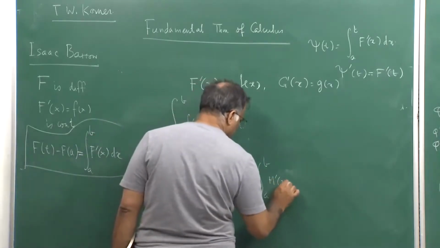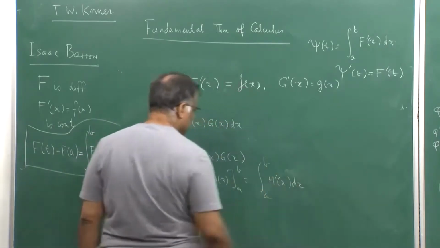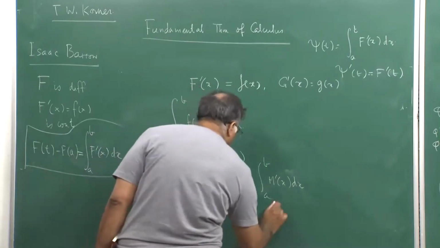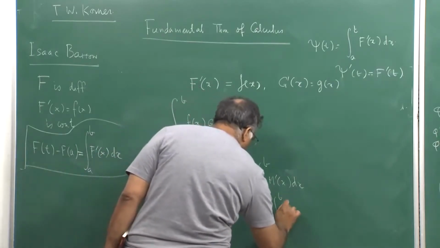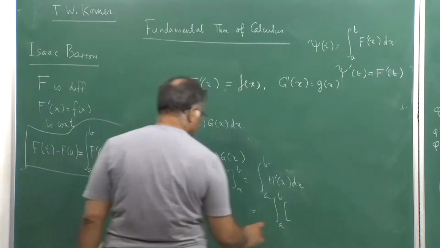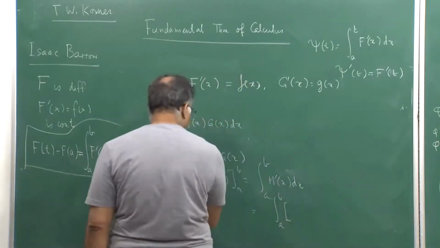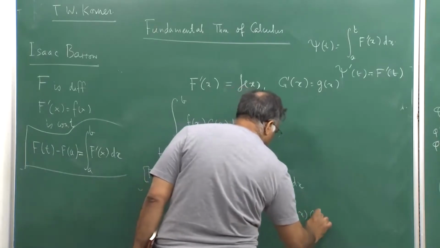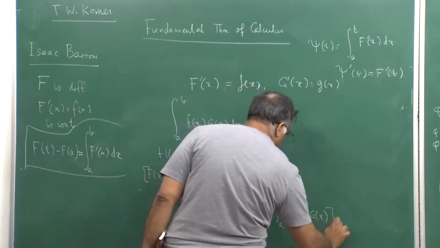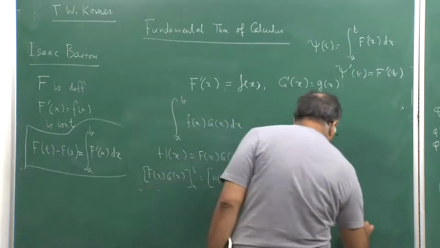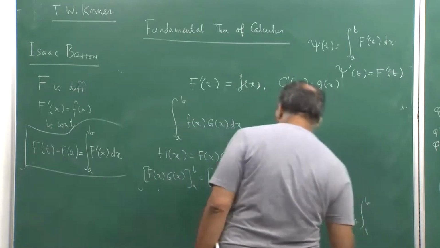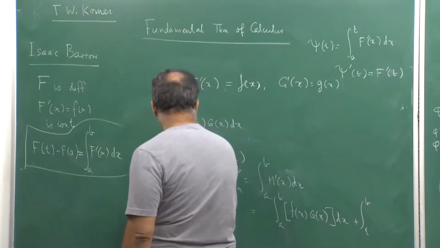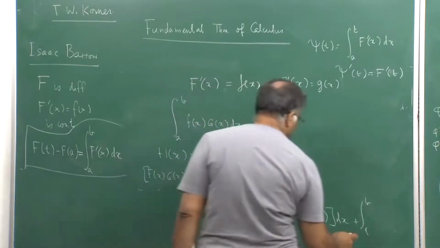And what is h dash x dx? By the product rule, it is the integral from a to b of capital F dash x into gx, capital F dash x is fx, so fx into gx dx, plus capital Fx into g dash x dx.